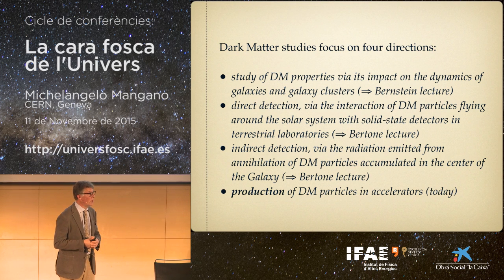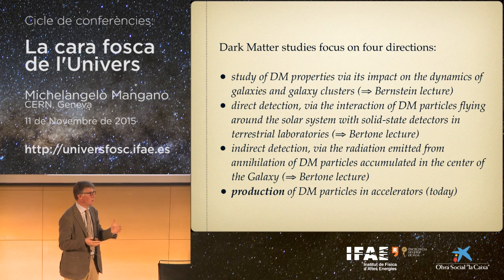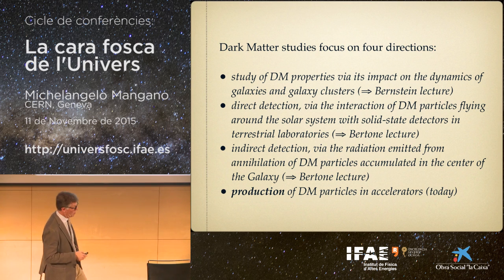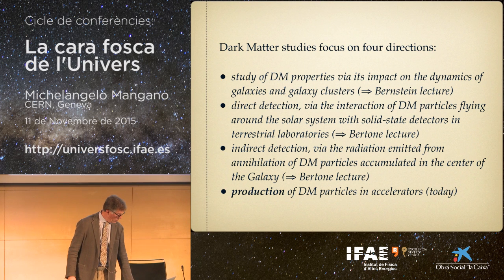By hitting a nucleus in the crystal, the nucleus will recoil, will deposit a signal that can be captured by the electronics and can be reported as the observation of the diffusion of a dark matter particle. Now, this will be described by Bertone in the fourth lecture.